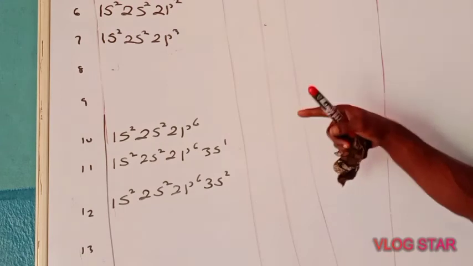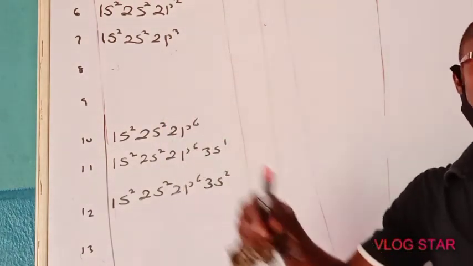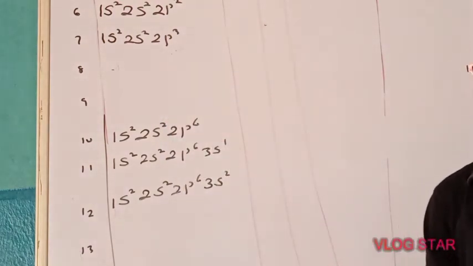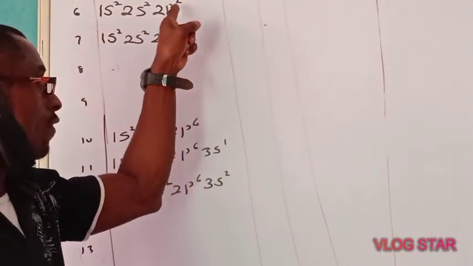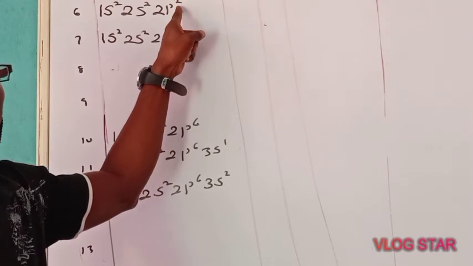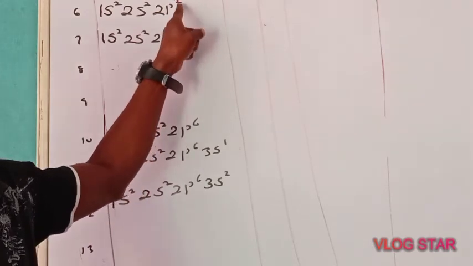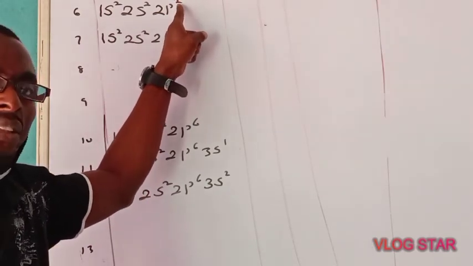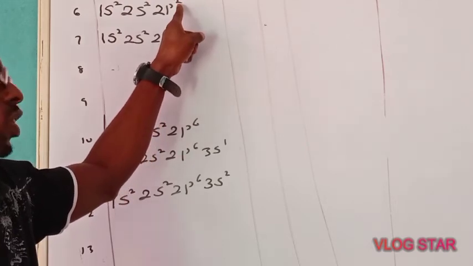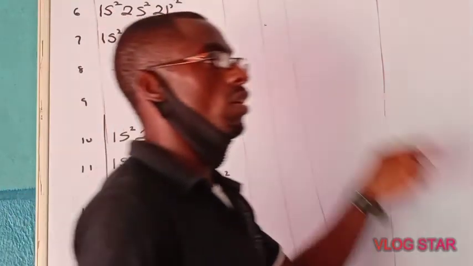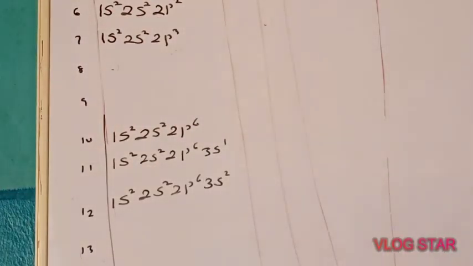Now let's look at this. Pick up your pen now. The number of electrons on the outermost orbit gives the group.